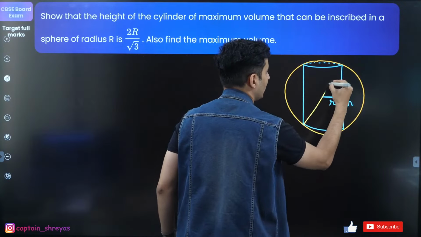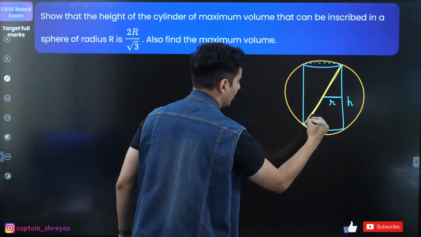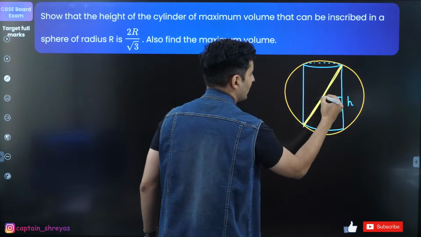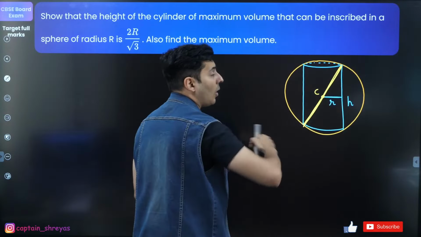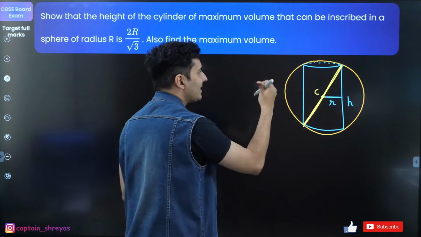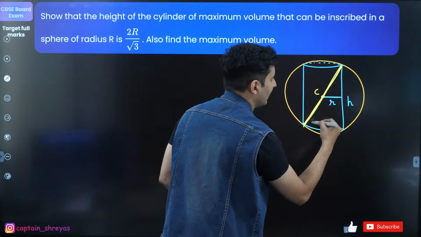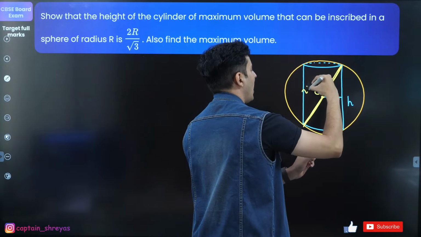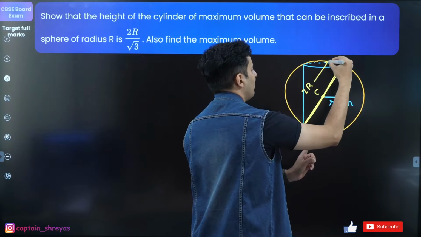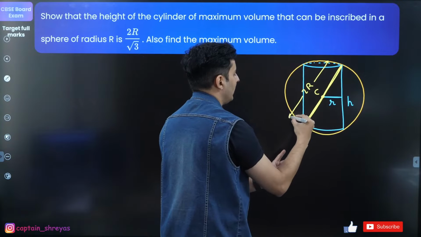It passes through the center of the cylinder, and it is also the center of the circle as well. This becomes the diameter of the big circle. Let's say the radius of the big circle is capital R, so this diameter will just become 2 capital R.